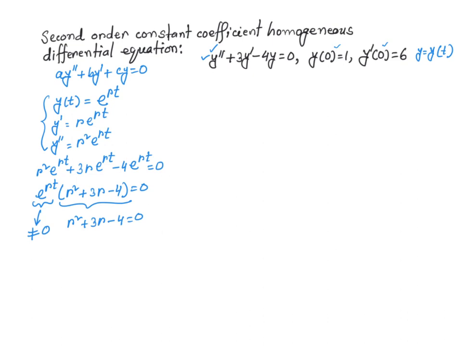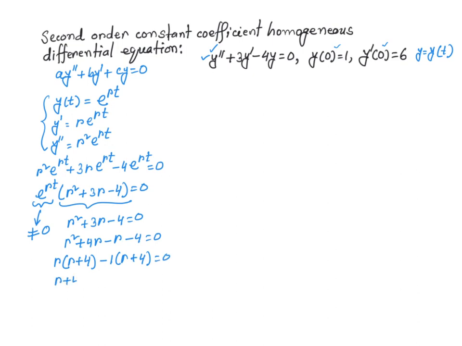Now, if I factor it, it's going to be r square plus 4r minus r minus 4 is equal to 0. Or if I factor out r, I'm going to get r times r plus 4, and if I factor out negative 1, I'm going to get r plus 4 is equal to 0.